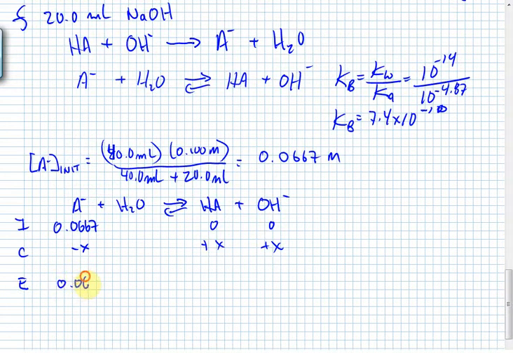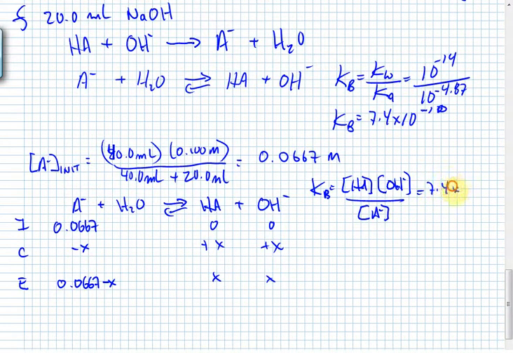I've got 0.0667 minus X. I've got X and I've got X. I know the Kb is equal to the concentration of HA, concentration of OH minus, divided by A minus. I know that's all equal to 7.4 times 10 to the minus 10th.